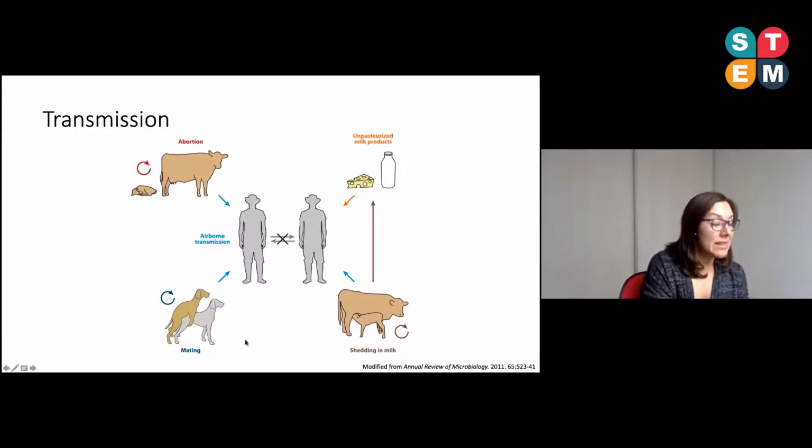During mating, the animals can transfer the bacterium to each other, and this bacterium also sheds in milk. That's how the consumption of unpasteurized milk products is the main cause of infection in people. This disease won't kill people immediately.